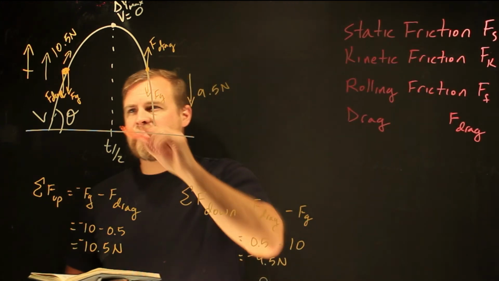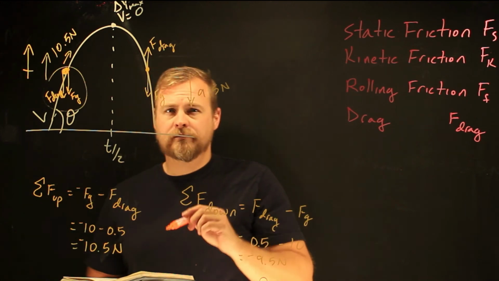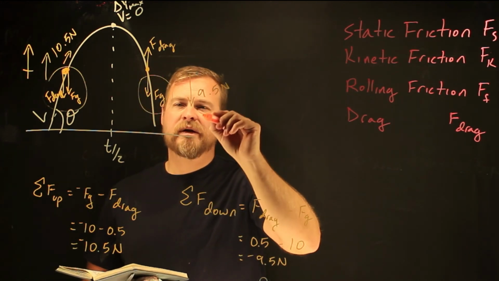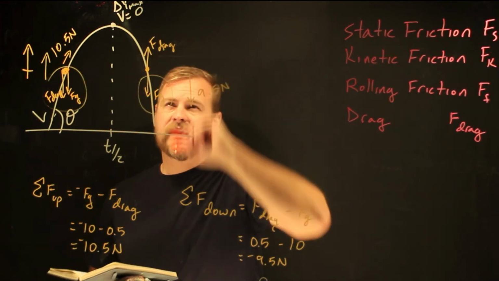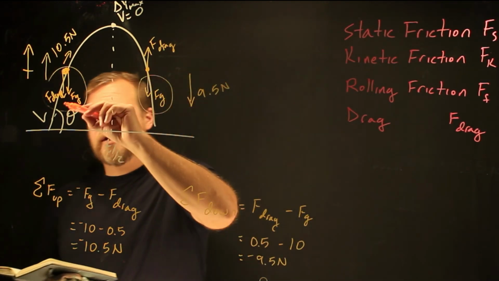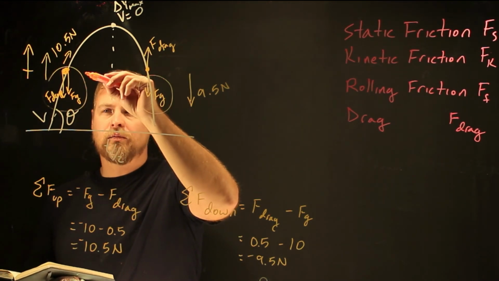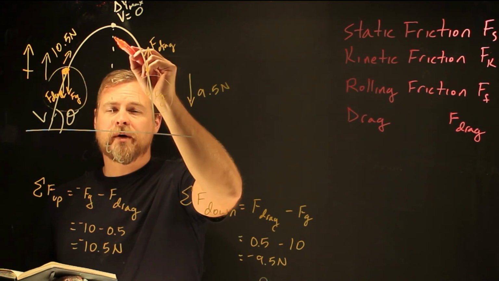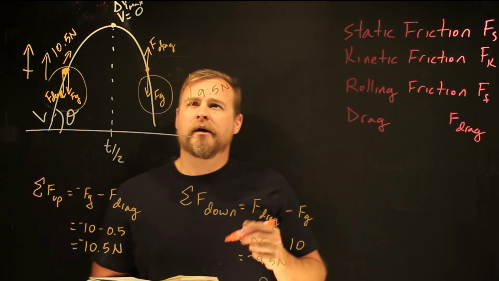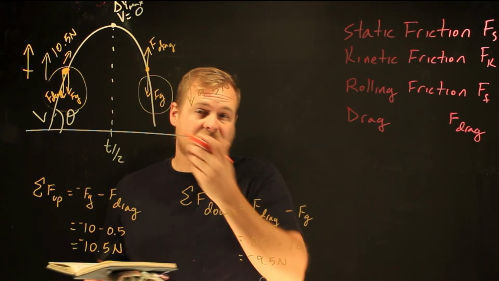And that makes sense because both of these forces are causing it to slow down. And then over here, I only have one force trying to speed it up, and I'm actually fighting this drag. Okay, so here the object as it moves up, it's fighting drag and the weight, and so it's going to slow down quicker. Here it's only fighting drag. Okay, so the effect is not symmetrical.